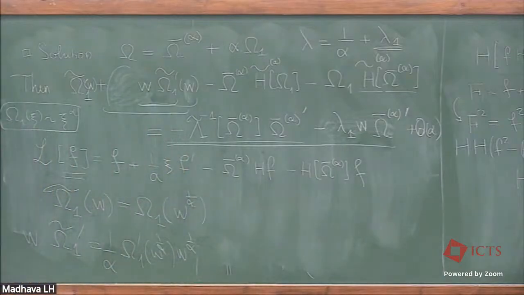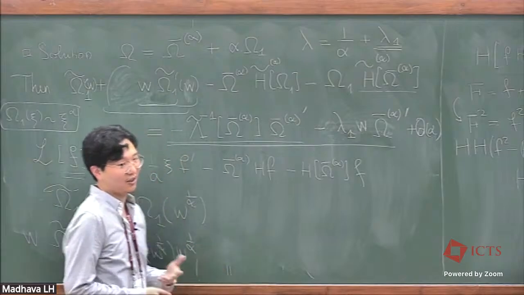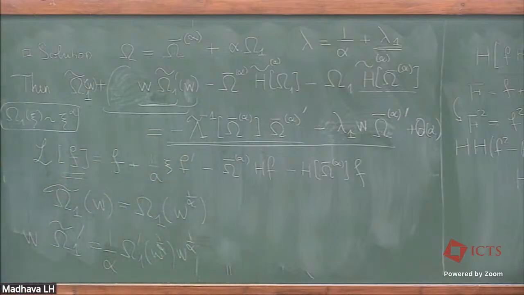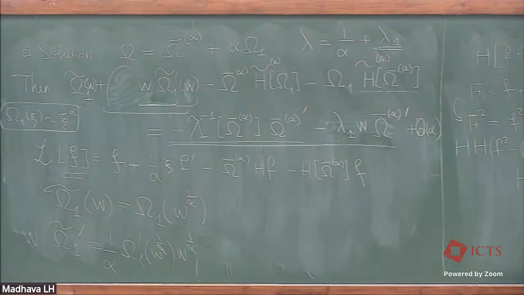The operator is Fredholm of index 0. The image is codimension 1, so it has a kernel. So you need to make a choice. There's a unique choice, basically, which makes this function very smooth. It's a smoothness condition, basically. So you define omega 1 tilde.